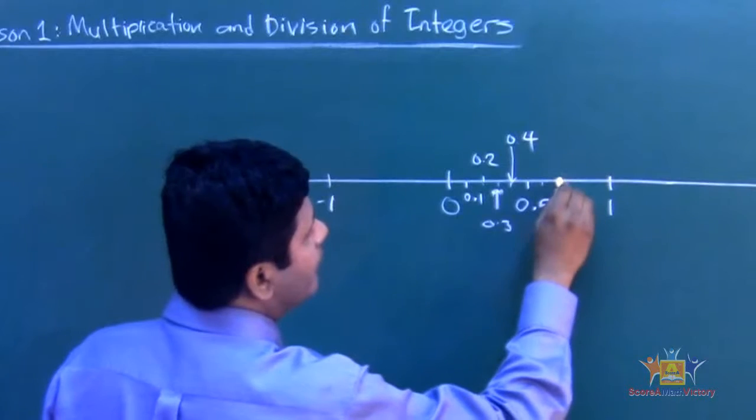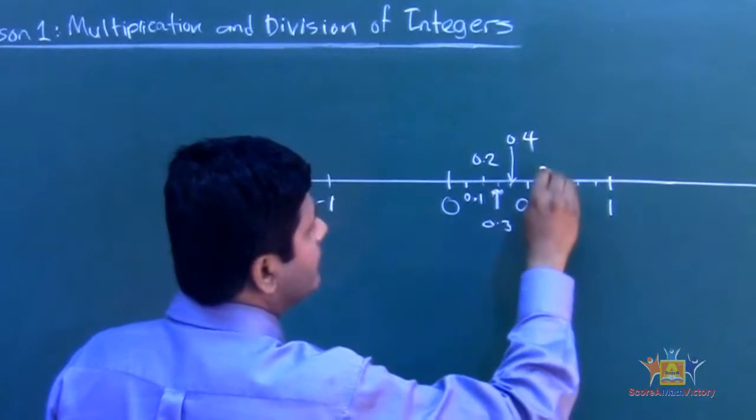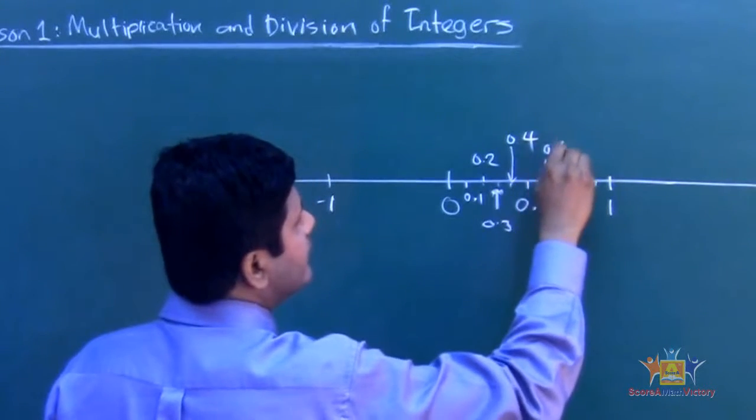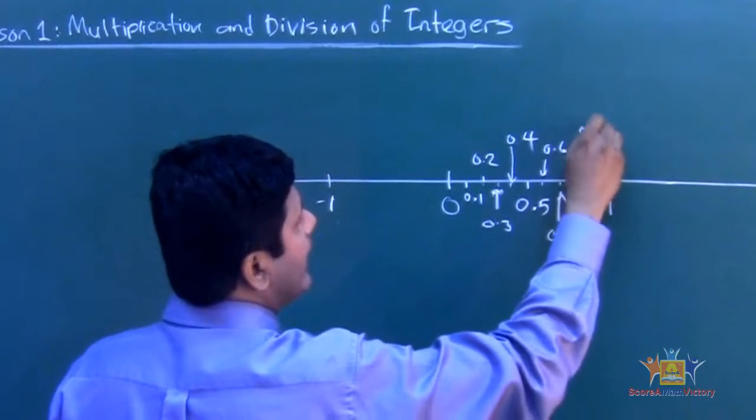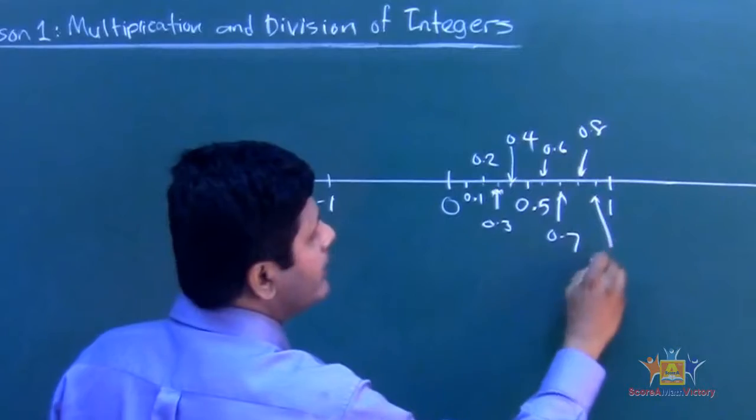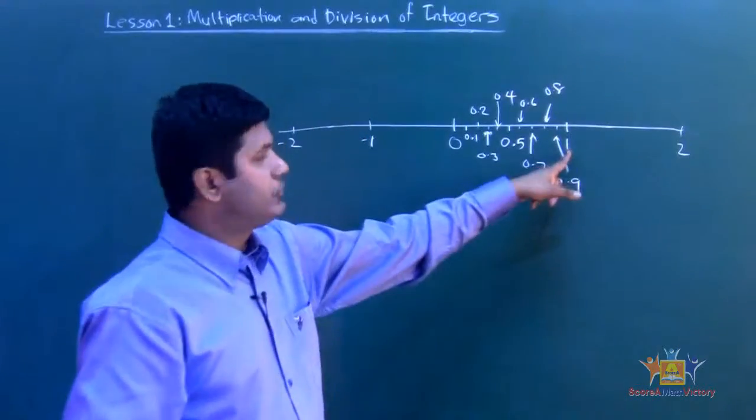Then I'm going to put another 5 parts over there, and this will become 0.6, this is 0.7, this is 0.8, this is 0.9, and then it gets to 1.